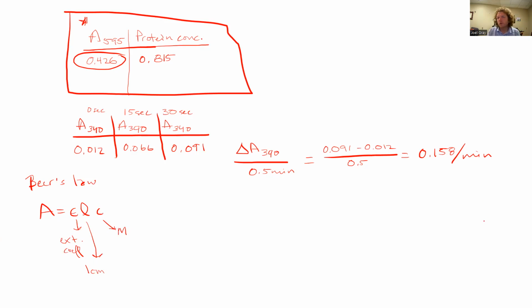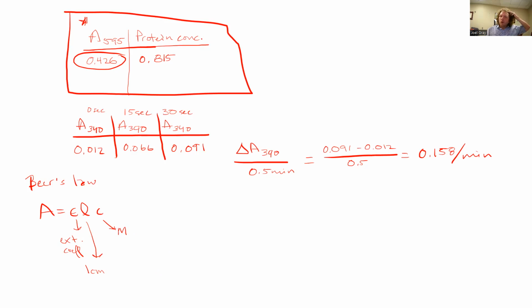So we can look at our change in absorbance and relate that to the concentration of one of our products, and one of our products that we are able to detect with light at 340 nanometers is none other than NADH.